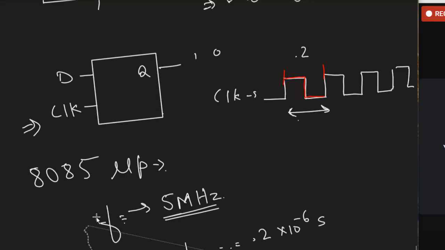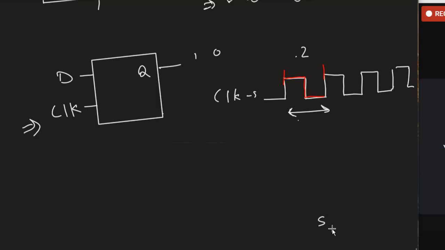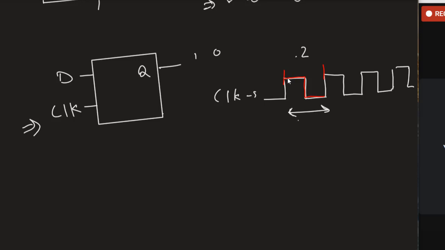Basically a clock. Now what I'm going to do, I'm going to divide this clock into 4 different locations, and those locations that I'm going to show you are these. This is not that visible. I'll change the pen. This is the upper edge and this is the lower going edge.